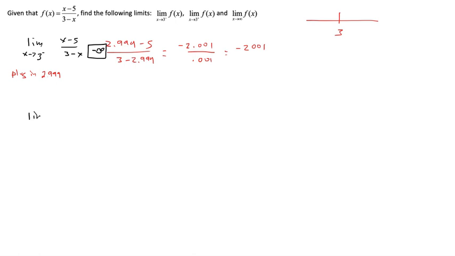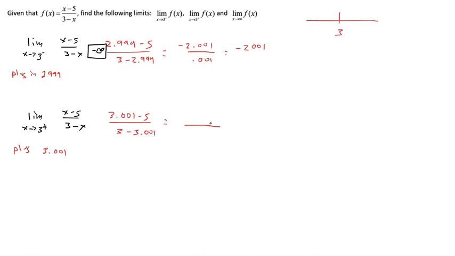So let's do the same thing, but as we approach 3 from the right-hand side of (x - 5)/(3 - x). Same idea. Let's plug in as we come in from the right side, probably 3.001. We'll go 3 decimal places again. So (3.001 - 5)/(3 - 3.001).